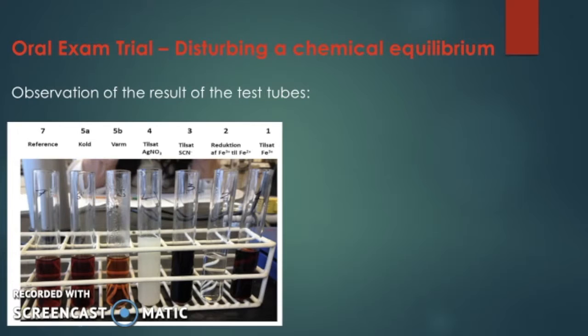And in test tube 5 and 6 we increased and decreased the temperature. So in test tube 5 we increased the temperature and we observed that the solution became lighter red. And in test tube 6 we did the opposite. We decreased the temperature and the solution became darker red.